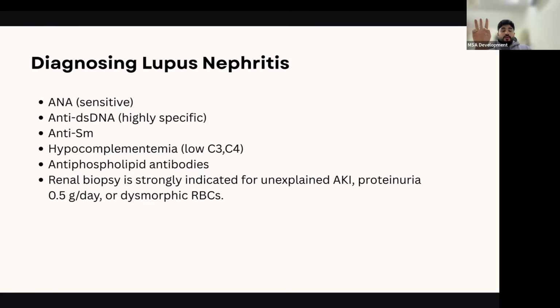All right. Now, which one is the highly sensitive one? ANA. And which one is very specific to SLE? Anti-dsDNA. Very, very important. You have to know these. And usually they're going to come to you with very low complement levels.